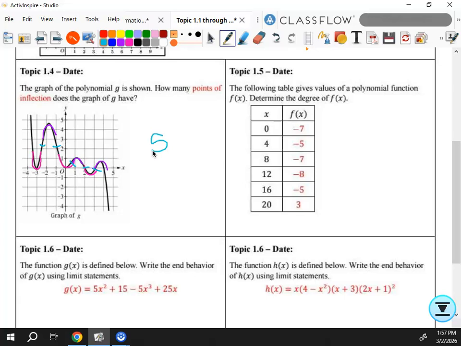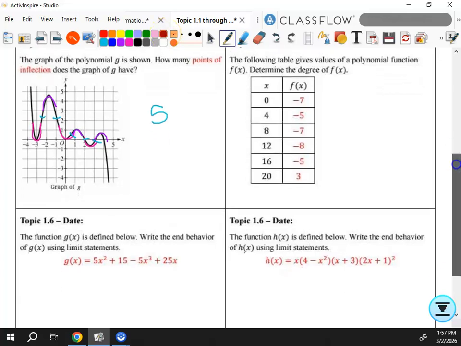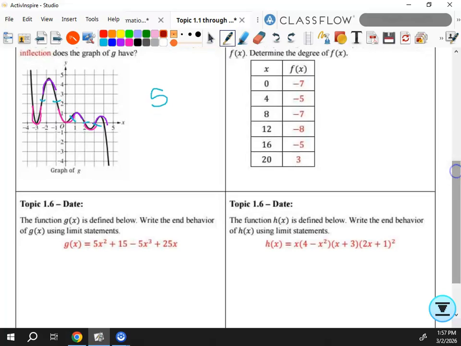Okie dokie. Here I want to find the degree, so I'm going to do that hopefully by my differences. Do I have equal length input value intervals? Yes, I have equal length input value intervals, so I can totally do that. Now, when you do that, you have to be able to subtract correctly.